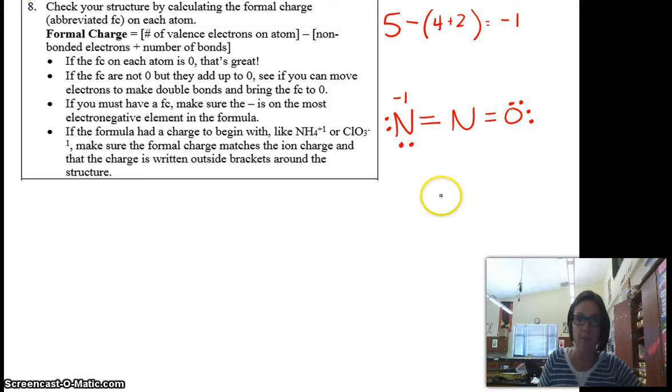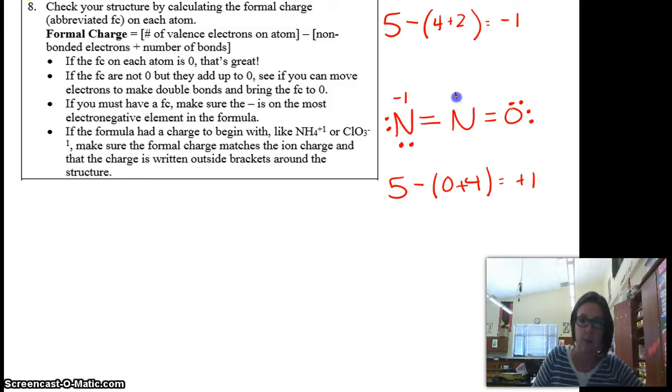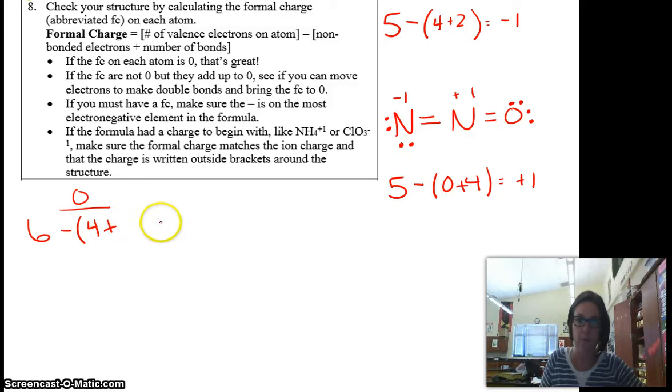Now the central nitrogen: 5 valence electrons, 0 non-bonding electrons and 4 bonds. So 5 minus 4 gives us +1. Now oxygen: 6 valence electrons minus 4 non-bonding electrons and 2 bonds. So 6 minus 6 gives us 0. The formal charge on that oxygen is 0.